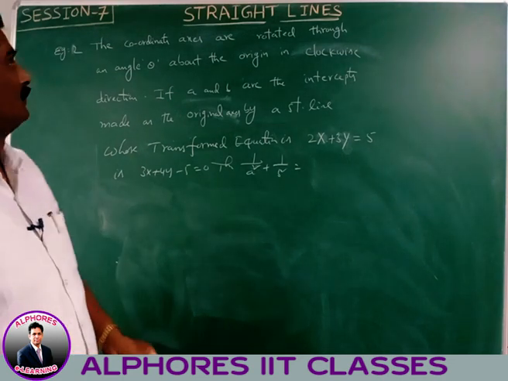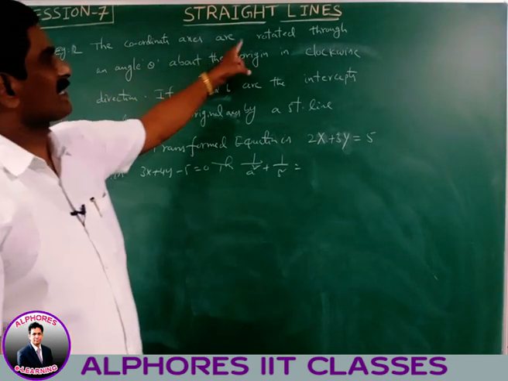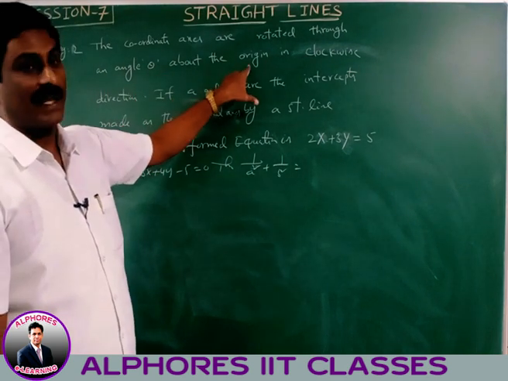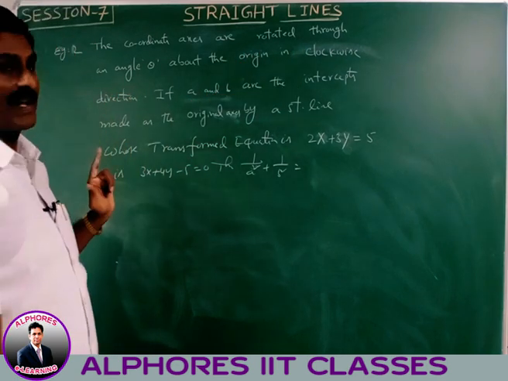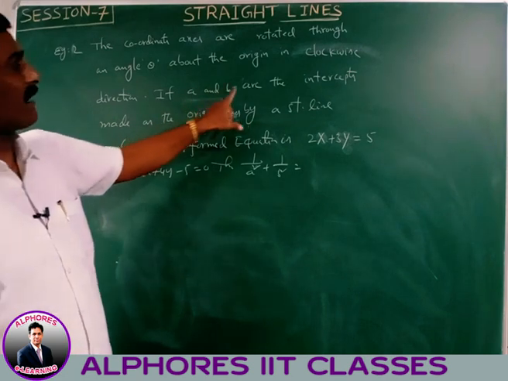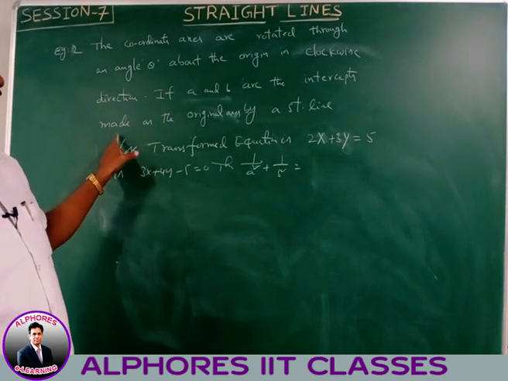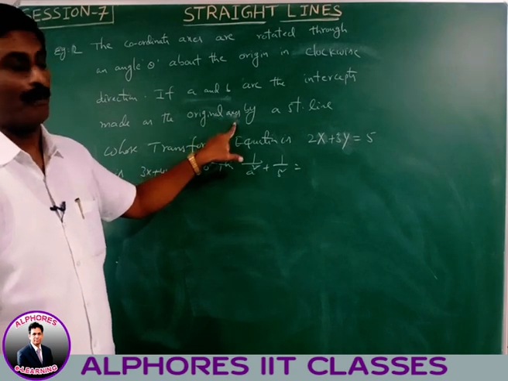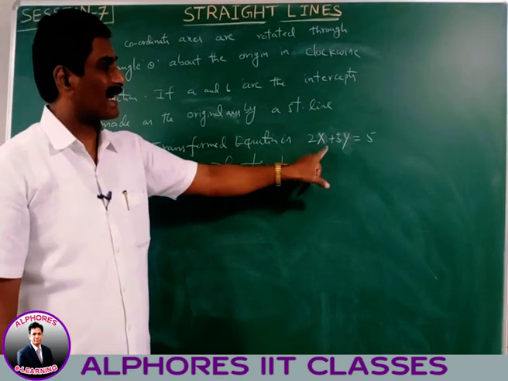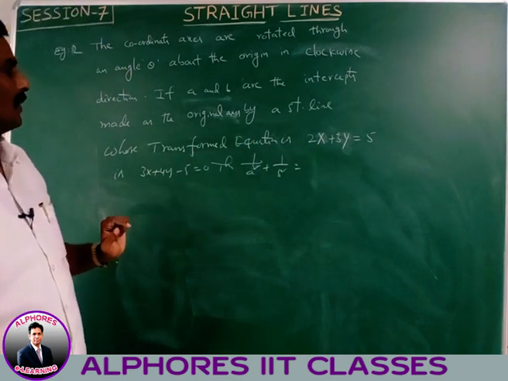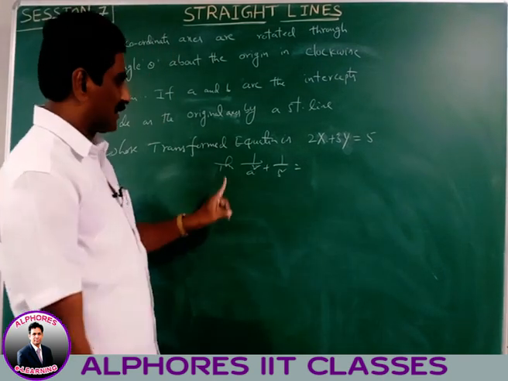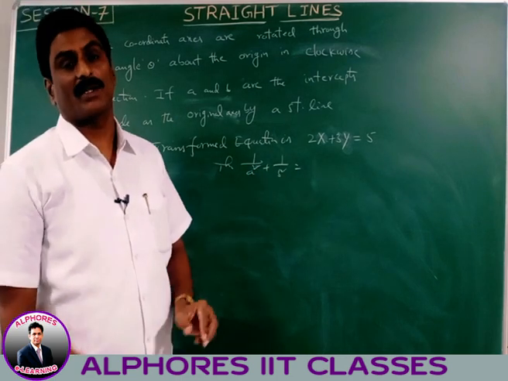Next, example 2. The coordinate axes are rotated through an angle theta about the origin in clockwise direction. In the previous case it was anti-clockwise, in this case clockwise direction. If a and b are the intercepts made on the original axis by a straight line whose transformed equation is 2x plus 3y is equal to 5, then 1 by a square plus 1 by b square is equal to dash.